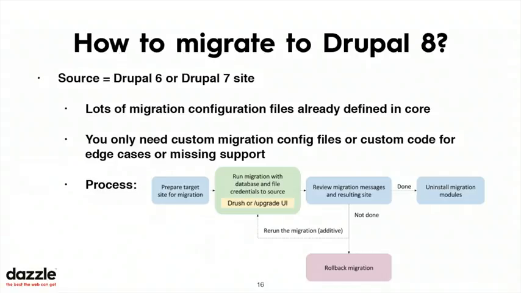Then you would actually run the migration through Drush or through the upgrade UI, and then review what happened, see if some things are missing or not going correctly, and then repeat until everything works perfectly.